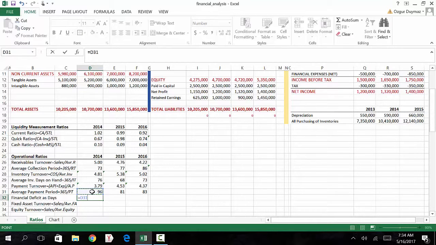Average payment period minus average inventory days minus average collection period. This is 53 days for 2014. For 2015 is 64 days, and the last year is 76 days. You can say that the financial deficit is increasing year by year against the company.